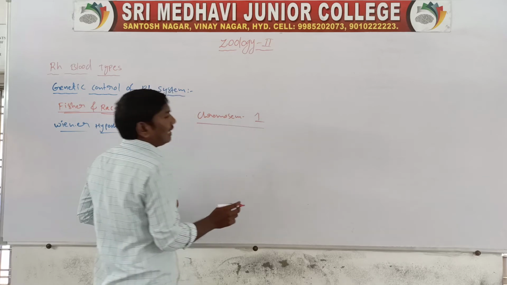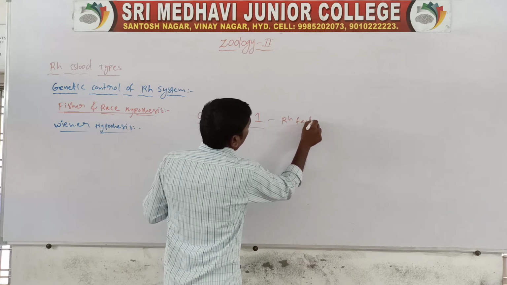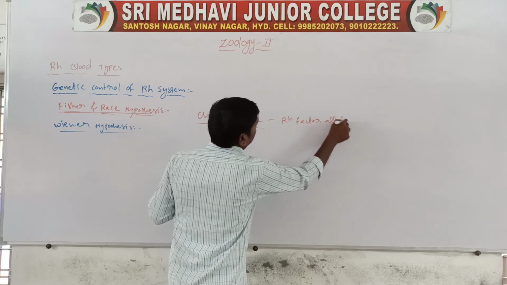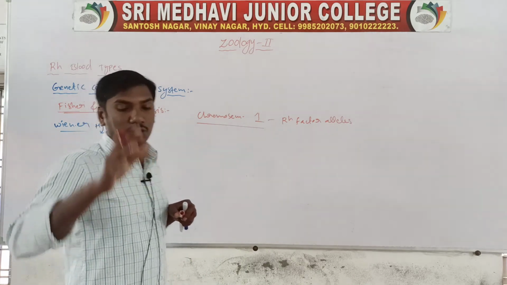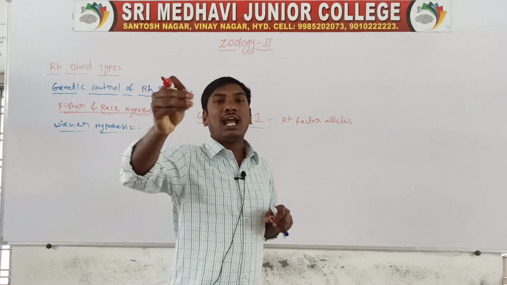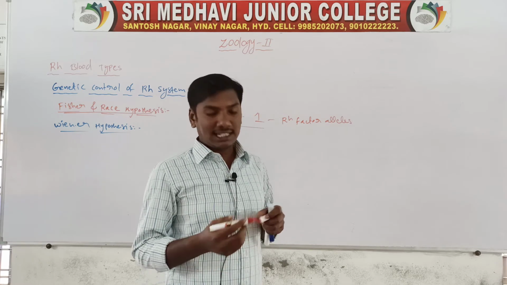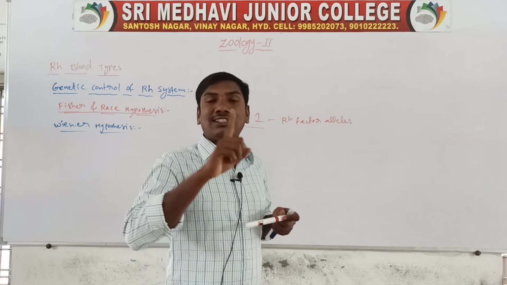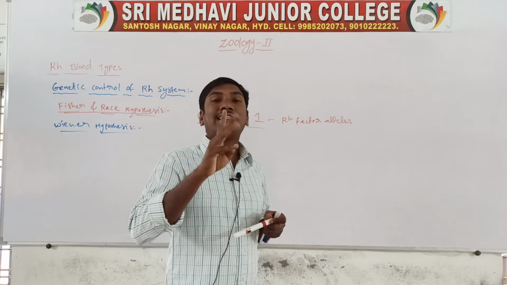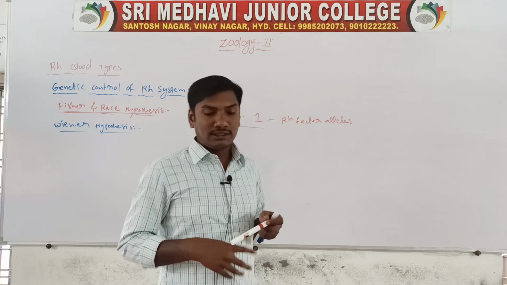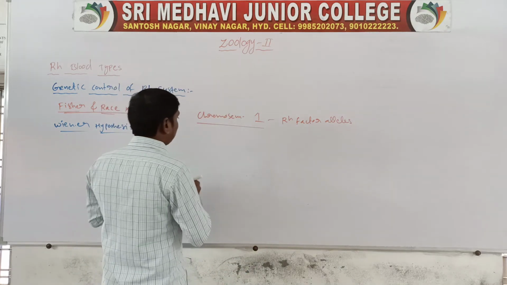Chromosome 1 contains the RH factor alleles. Each homologous chromosome contains three alleles, which are C, D, E.